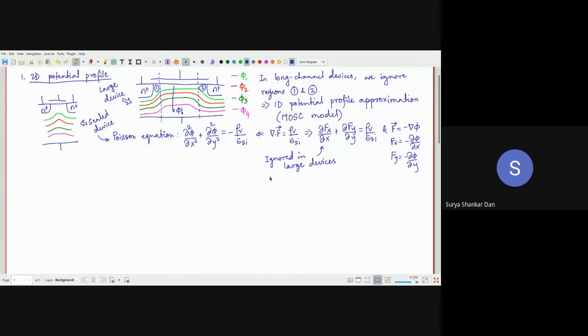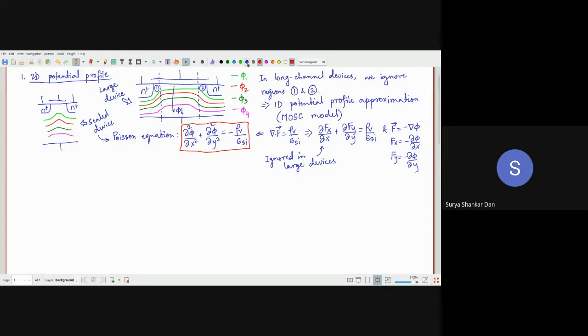So if we are dealing with the short channel devices, this is the equation which we have to deal with. How to solve this two-dimensional Poisson equation is kind of beyond the scope of this course, beyond the syllabus. But if we have time, I'll essentially show it for a simple FDSOI MOSFET, double gate MOSFET or thin film transistor, whichever. So I shall show how to do it, but if time permits.